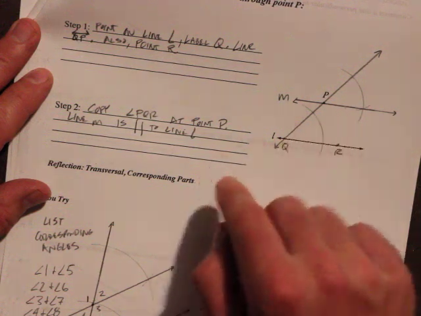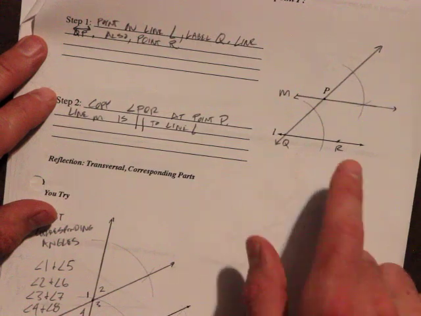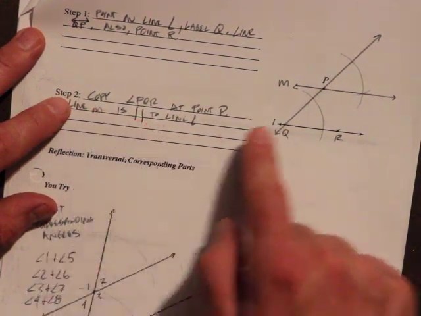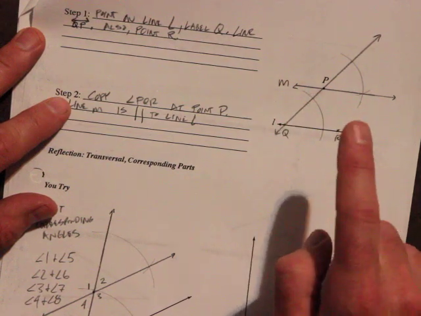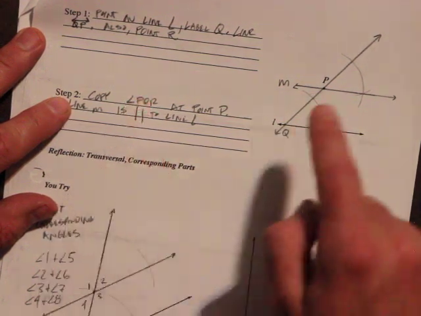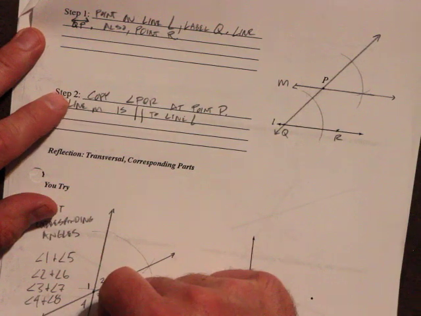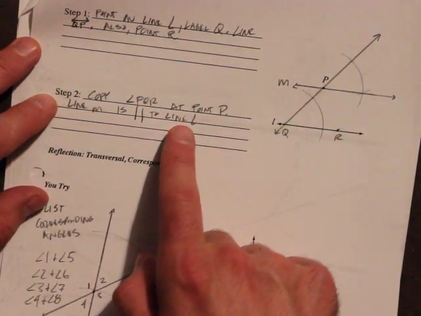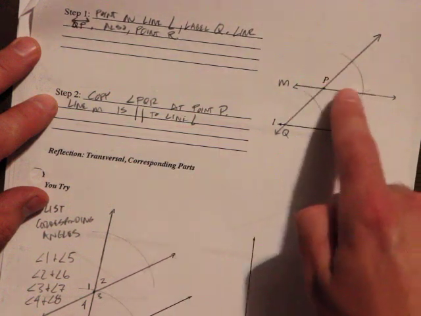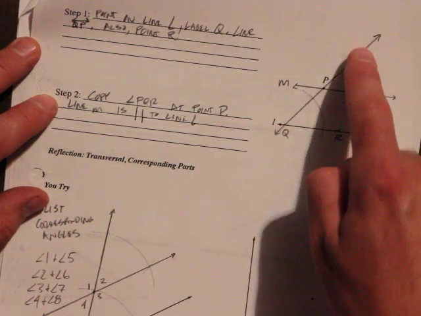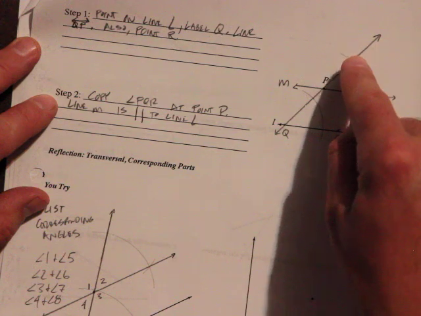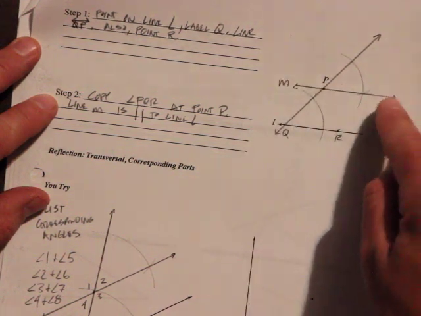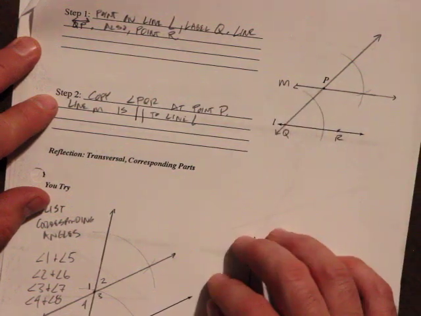I don't remember why I did that originally, but we don't need it. Oh, we put the R there to name this angle, PQR. That's why that's there. So now we copy PQR, and then at point P we make this same angle right there, PQR. Now line L and line M are parallel to one another.